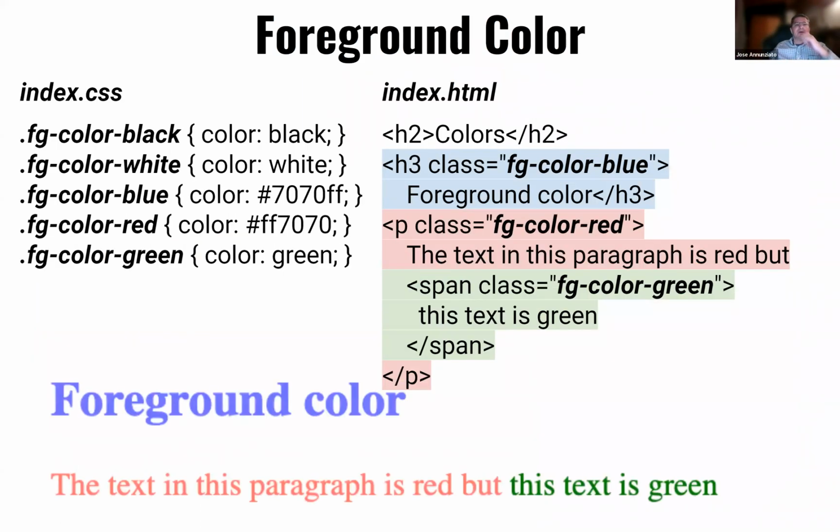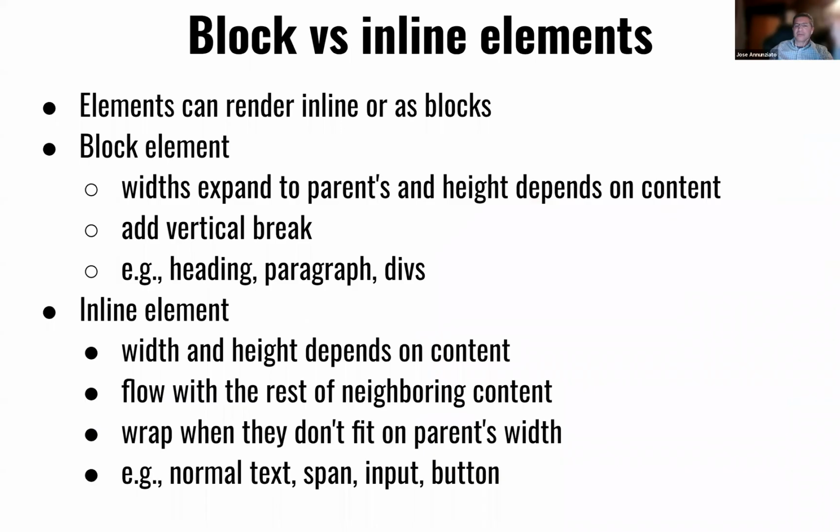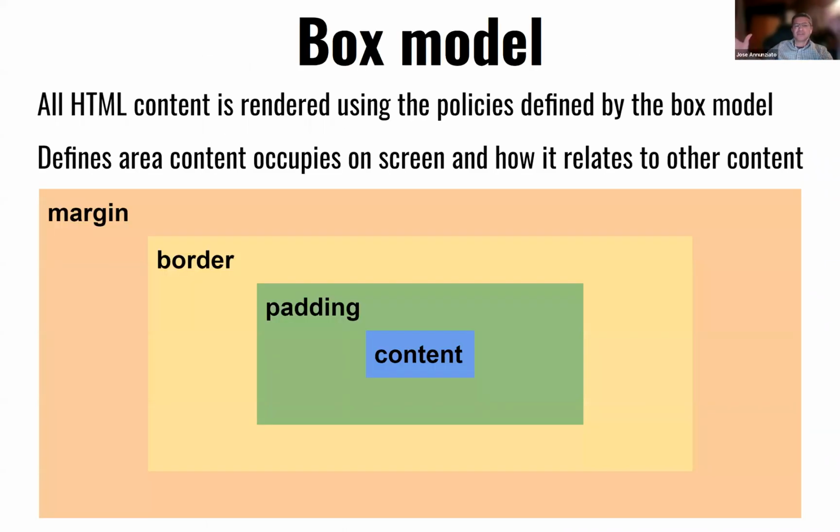Okay, we talked about foreground color, and we played around with declaring these styles in our assignment, so just more of that. Background color. We talked about the box model of margin, border, padding.